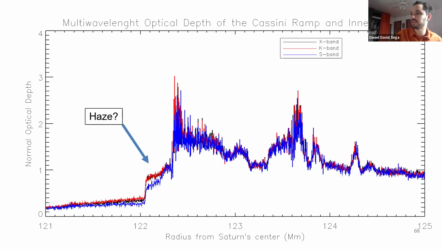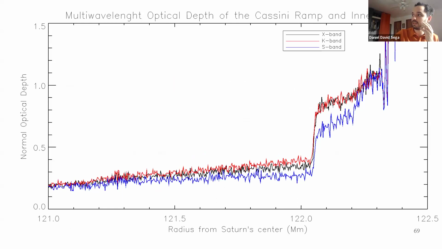Another possibility that we see when we look at the radio data is that there is also a signal that shows that some of the extra optical depth here in this optical depth boundary is actually from smaller particles, just like the Mimas bending wave.